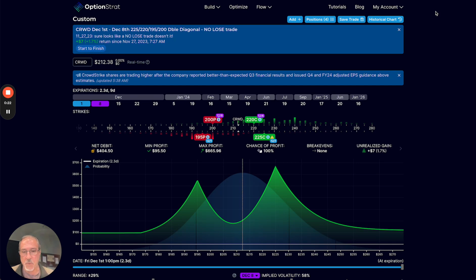Now, again, the premise behind this trade, why no one should make this trade, is as you can see, this trade looks like it is a no-lose trade. In theory, it looks like no matter what happens to the underlying CrowdStrike, this trade models as though it's going to make money.